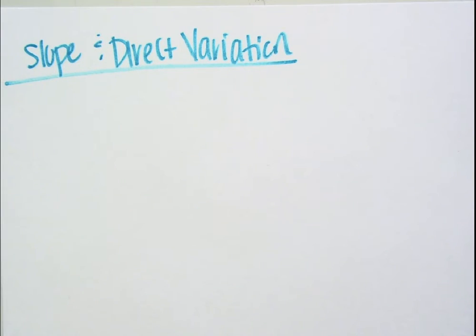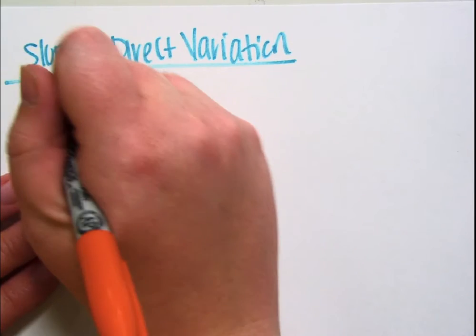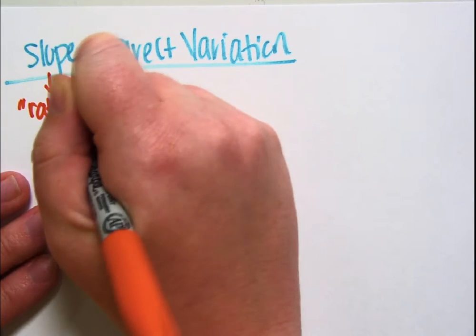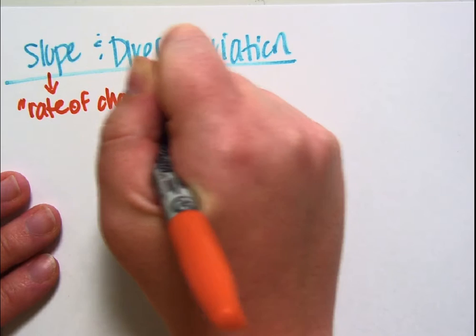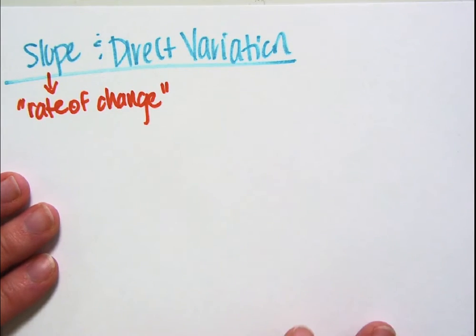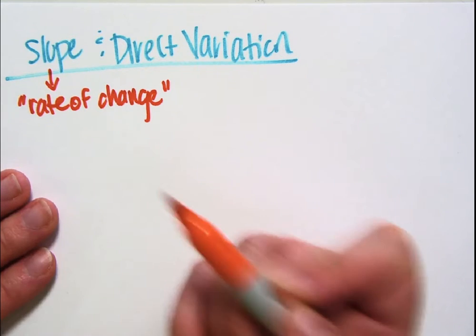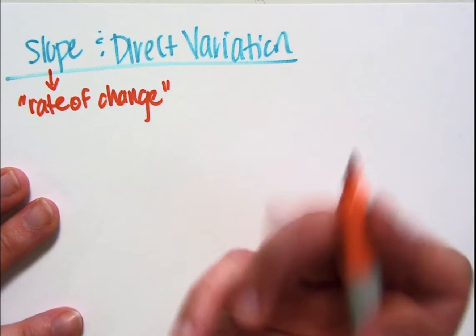This is section 2.1. Something that you might hear slope referred to as is rate of change. When we talk about rate of change, it's saying how fast the y value is changing.